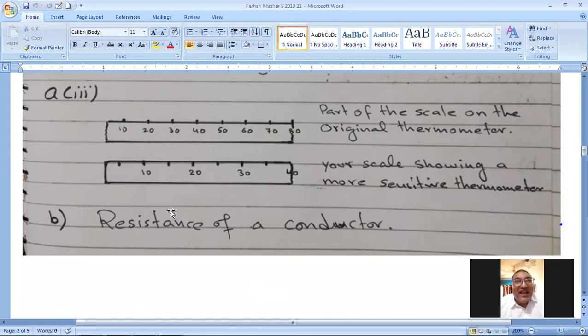So here I have drawn a scale which shows in the same length less range. The range of this thermometer is only from 10, 20, 30, 35 something. So this thermometer is more sensitive. I hope it's a little bit tricky question because it's on sensitivity. I hope that you have understood it.